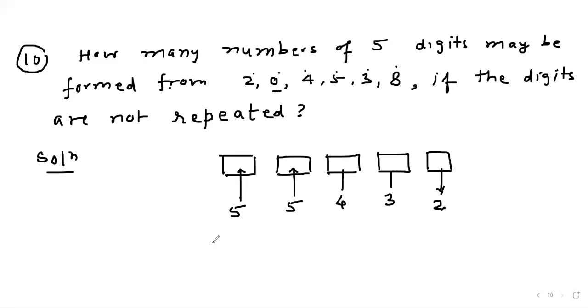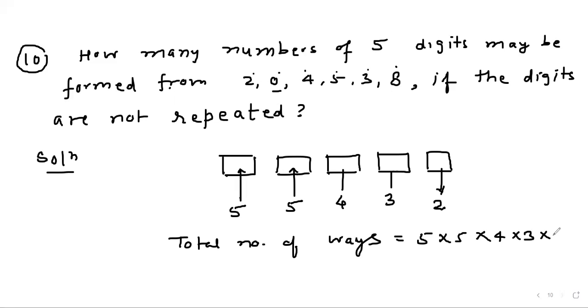So total number of ways will be 5 into 5 into 4 into 3 into 2. This is 25, 100, 600. So this is our answer. Thank you.